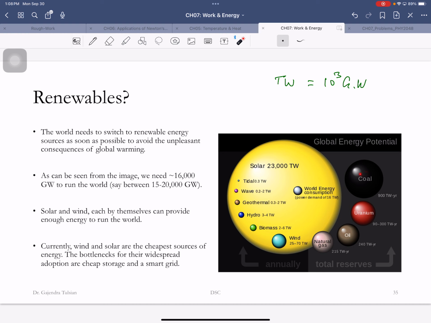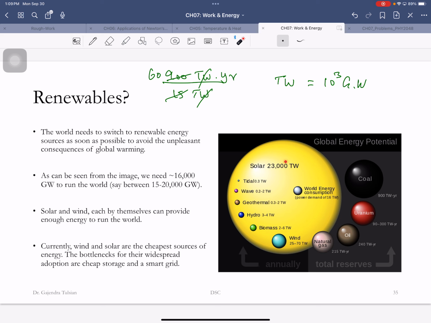That's what that means: 900 terawatt years divided by 15 terawatts, this number. You could run the world for 60 years. That's what those numbers mean.